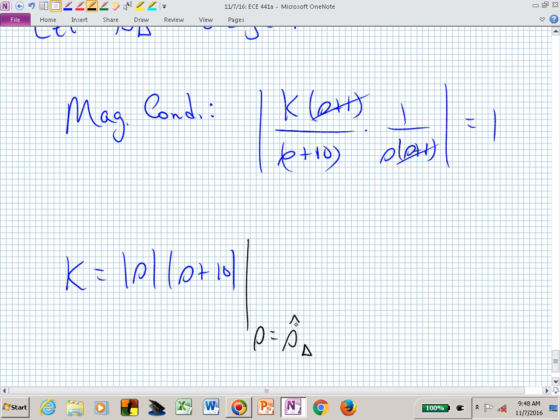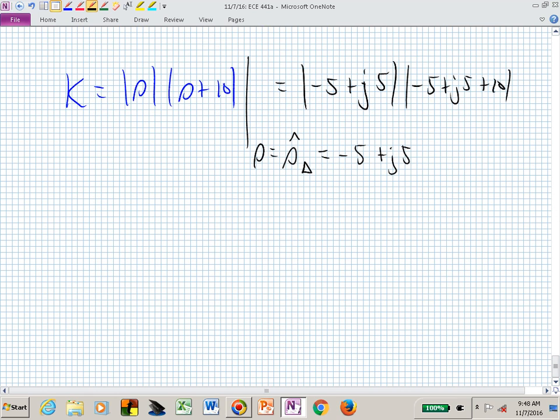Do I want to put a party hat on him to make him different from the s delta before? This is now minus 5 plus j5. But you now know how that's going to look. That's now minus 5 plus j5. We have minus 5 plus j5 plus 10.